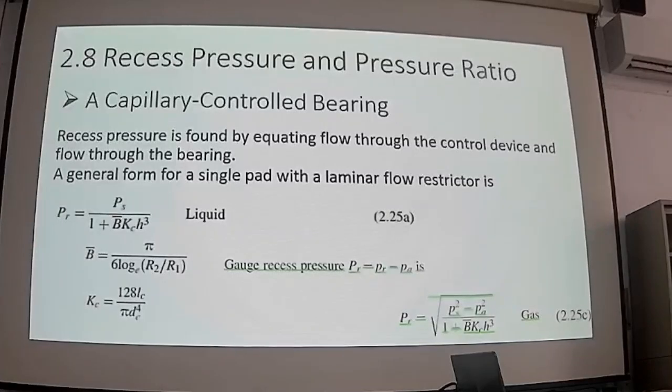For the large hydrostatic rotary table, like we discussed for the vertical turning machine, it's a very large turning table with very heavy loading. In that case, usually you need to choose your restrictor design with capillary, because a capillary restrictor design is usually not sensitive to the temperature rise.